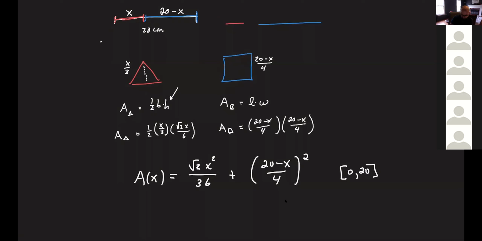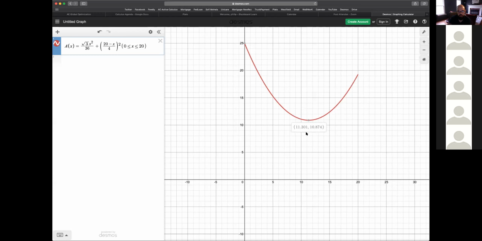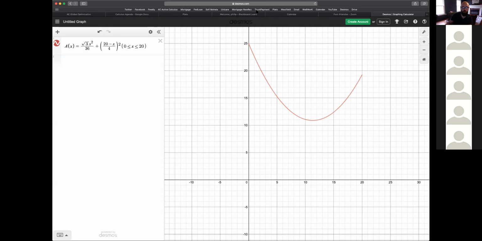Now, on the flip side, if you wanted to minimize, I've got to jump back over here again. If you want to minimize your value, you're down here at 11.301. Not a particularly nice value. So we would say, if we're going to minimize, we should have this 11.301. Let's go back to our board.